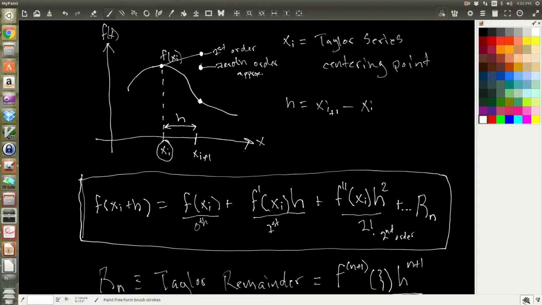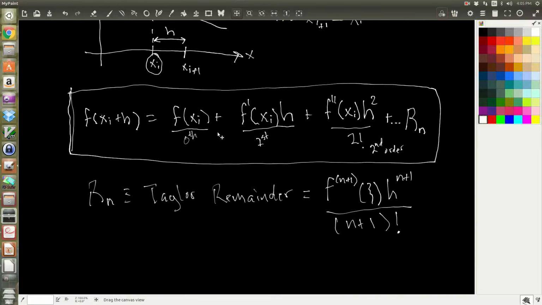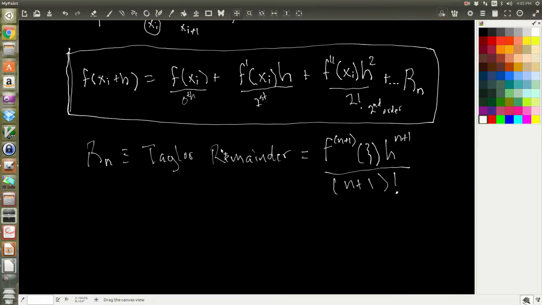Now that you have an idea of what the different orders mean: if I include one term, that's a 0th order approximation in the Taylor series. If I include two terms, it's first order. If I include three terms, it's second order, and so on. Now, again, how is this useful in regards to error?